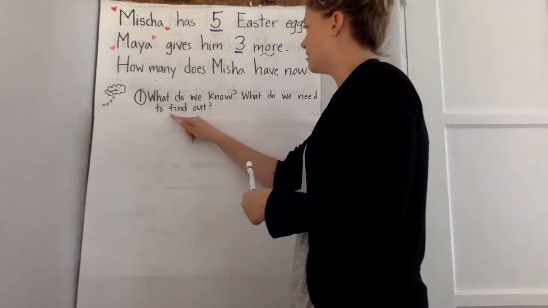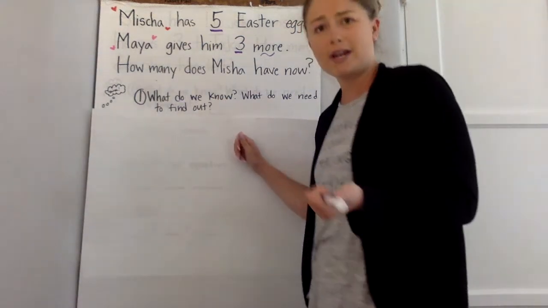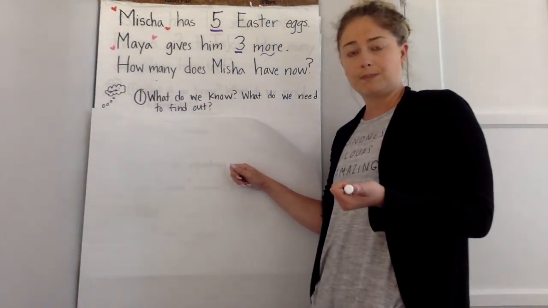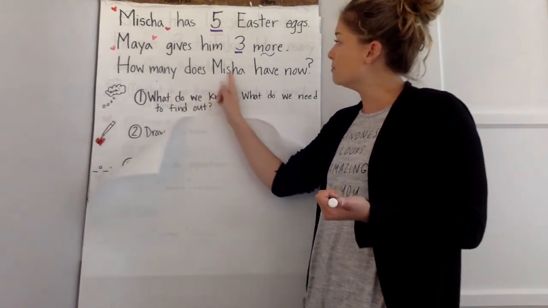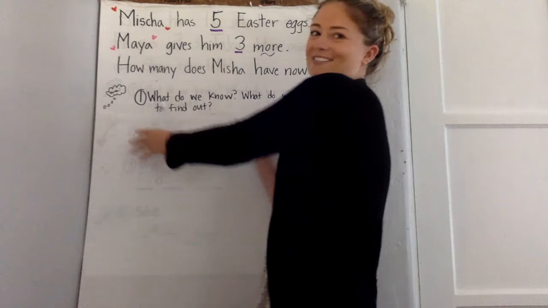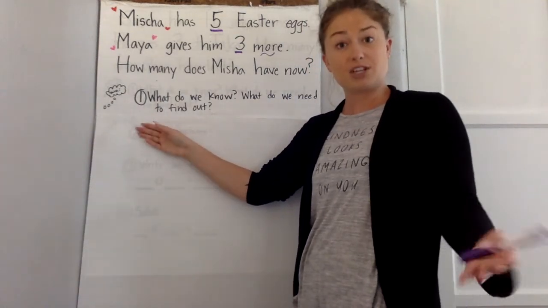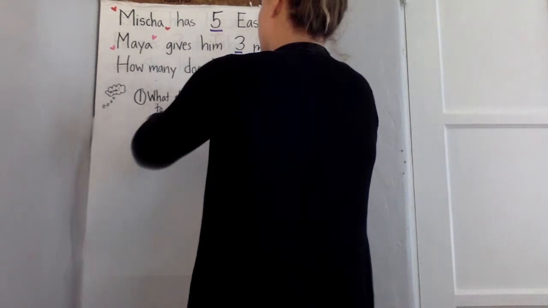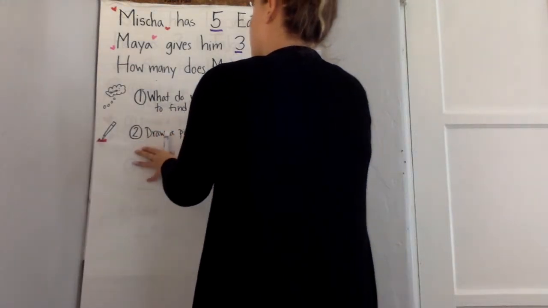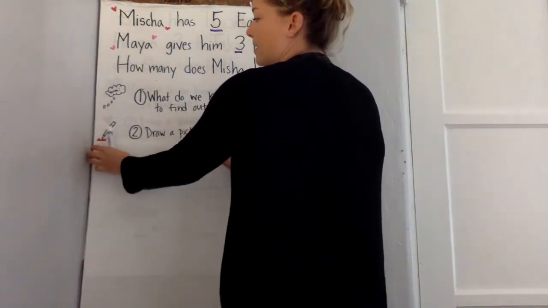What do we need to find out? What was the question? We're trying to find out how many does Misha have now? We need to figure out how many Misha has now, okay?